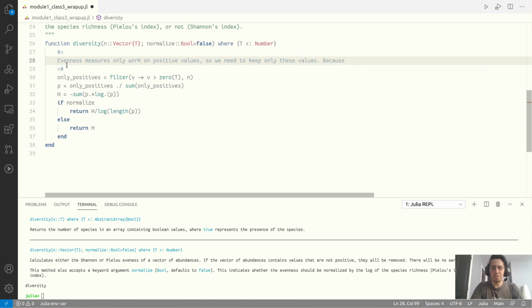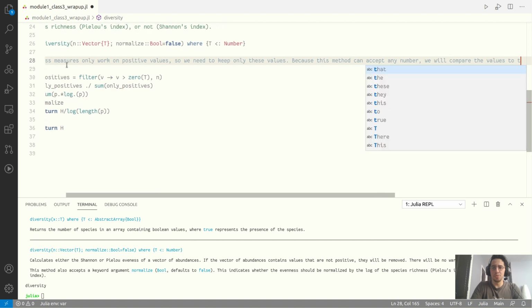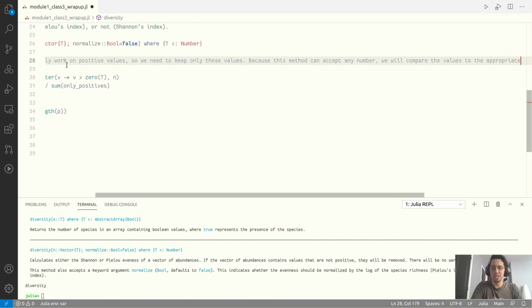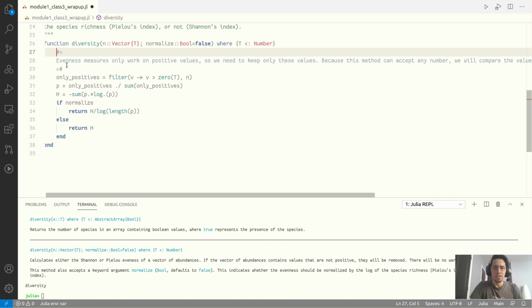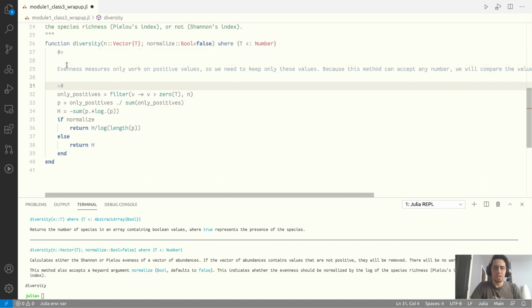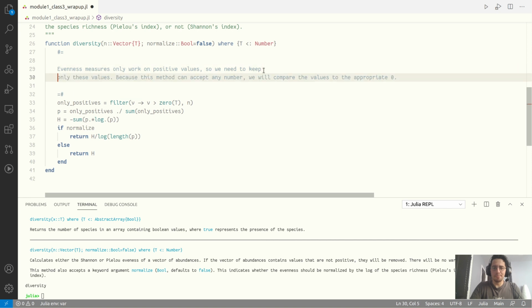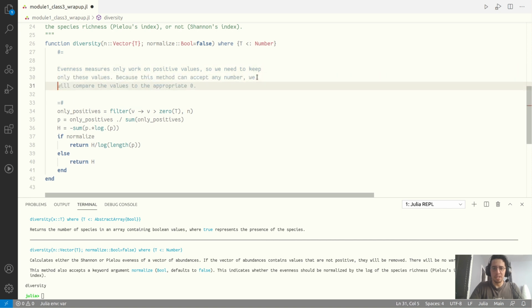And then we can say, well, because this method can accept any number, we will compare the values to the appropriate 0. Could you wrap my line, please? No, it's not, okay. I'm going to do that manually, like an animal, I guess.